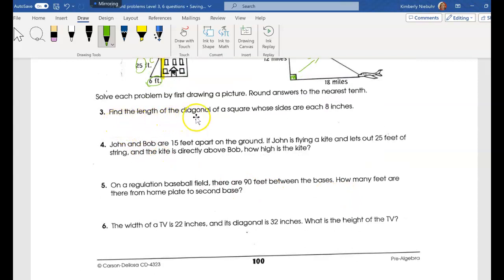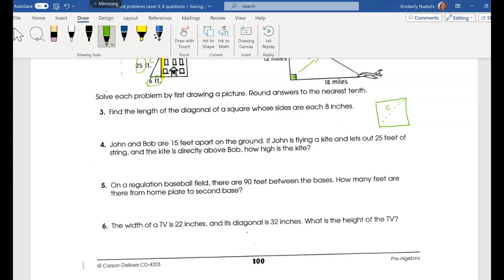Find the length of the diagonal of a square whose sides are each 8 inches. Okay, so I'm going to draw a square. And we're basically trying to figure out this length.